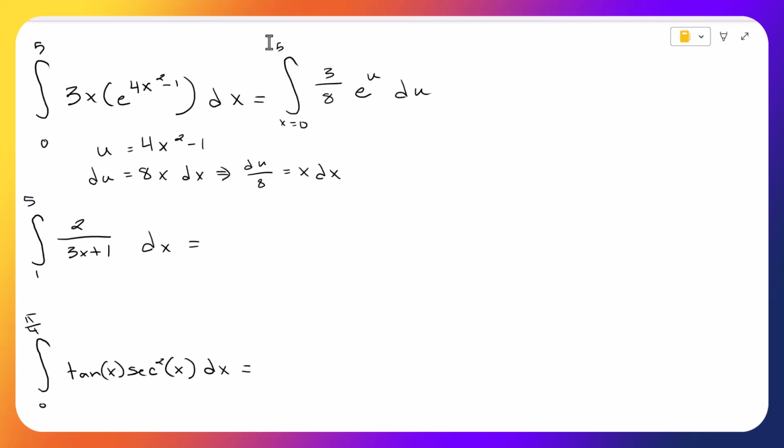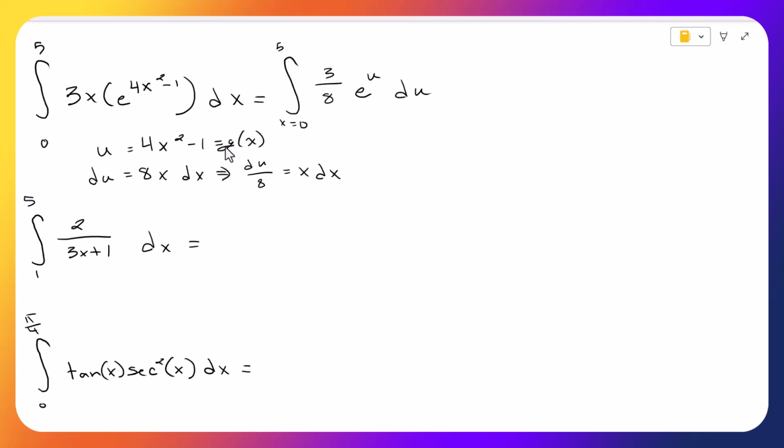But now, how are we going to get our bounds of integration? Well, u equals g of x. g of x is this 4x squared minus 1. So I just want to find, I'll even write this here, g of x, just for our own understanding.